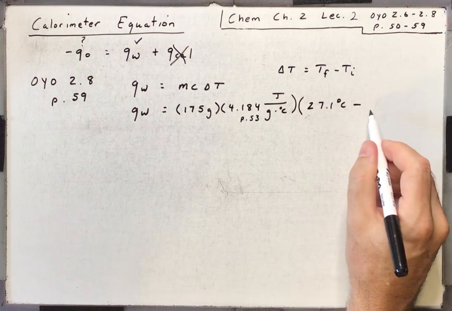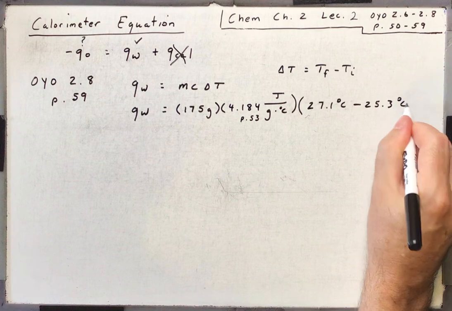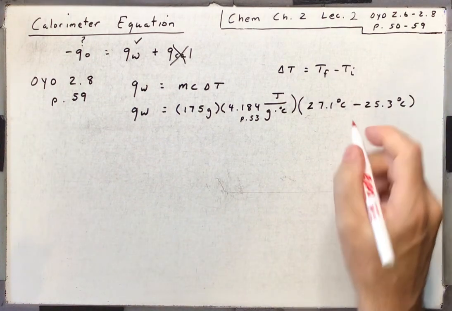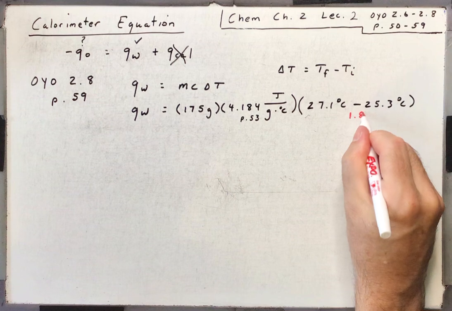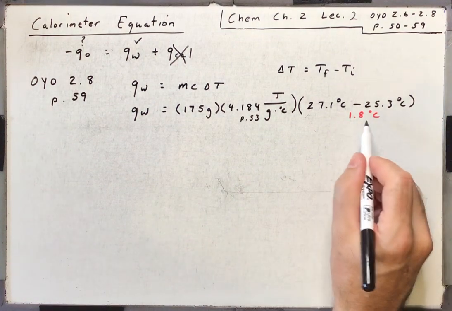The initial temperature of the water is 25.3 degrees C. So that is a total delta T of 1.8 degrees C. So I just kind of did that in my head. So it's easier if you just make it into one number.